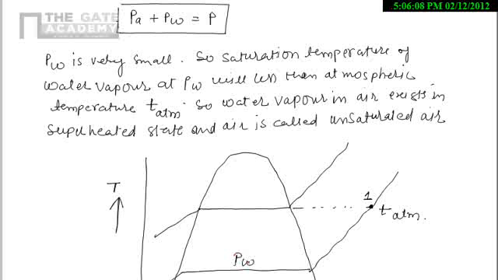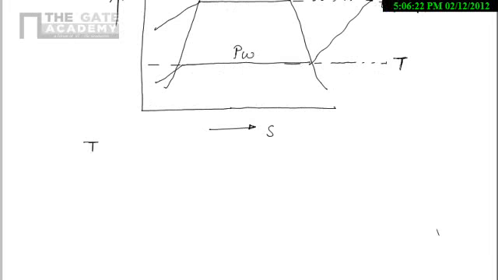So this pressure curve will represent the PW, and if you see the temperature corresponding to this PW is suppose T.